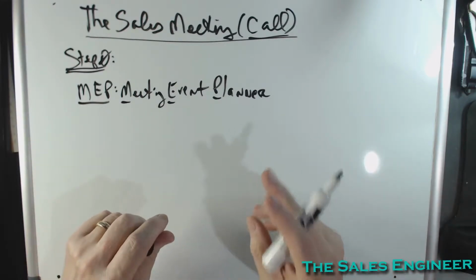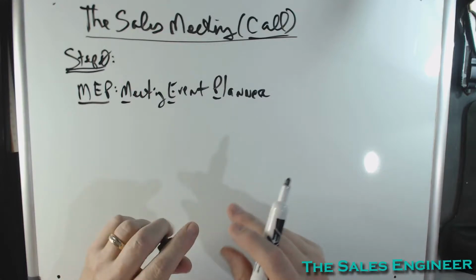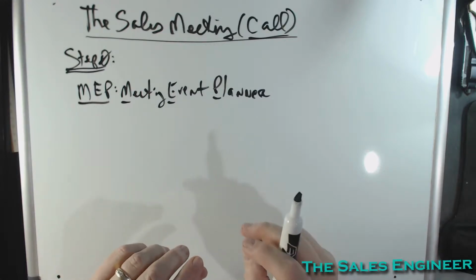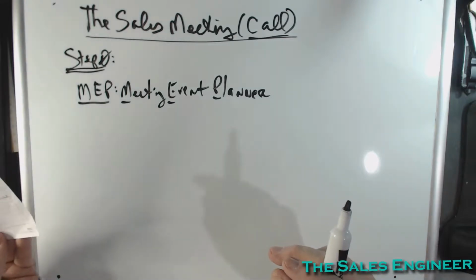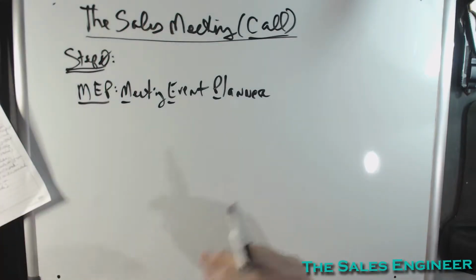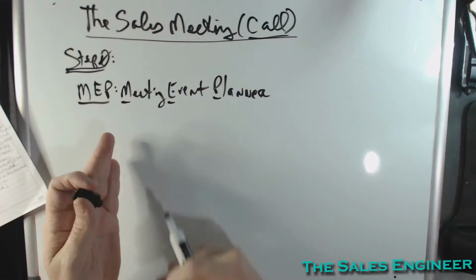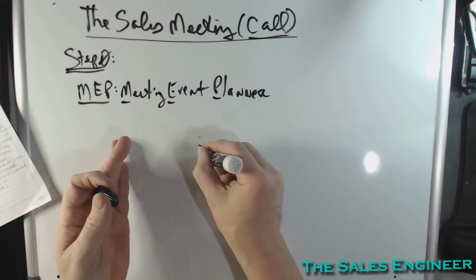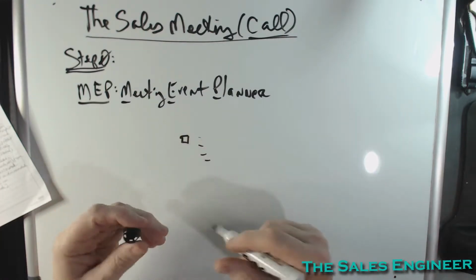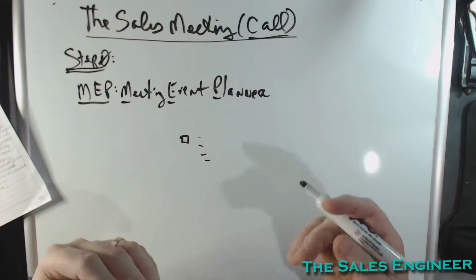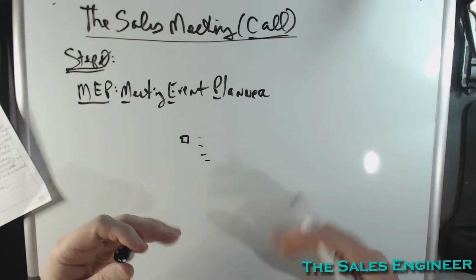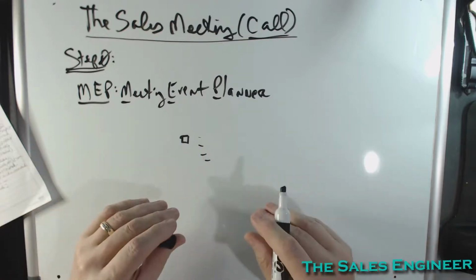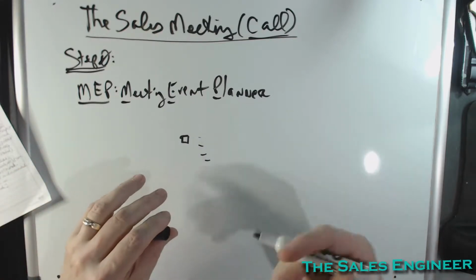The meeting event planner, though, is actually pretty interesting from the standpoint that it is an outline, like a time-based outline with checkboxes next to each artifact that we would either supply or require. It could be a verbal artifact, it could be an actual piece of paper, whatever it happens to be, or whatever else we're supposed to get.